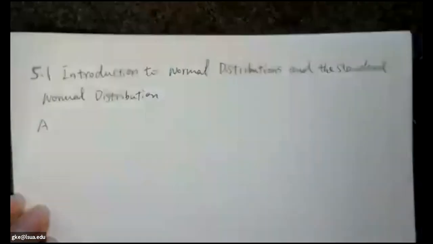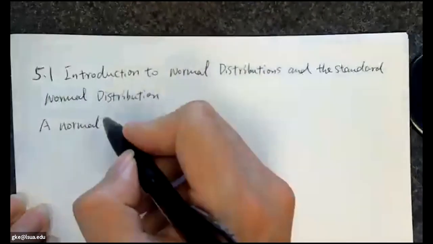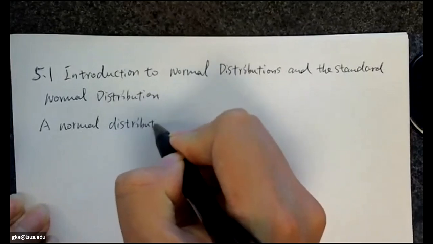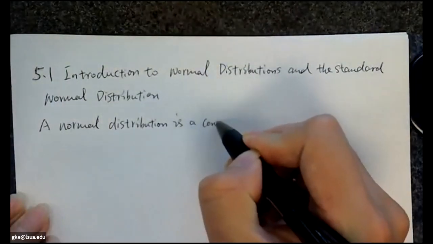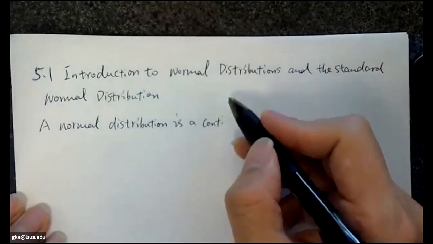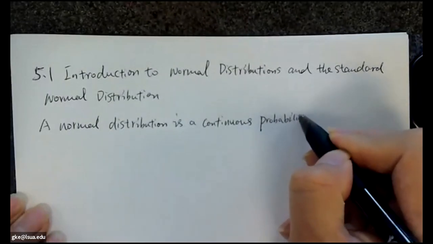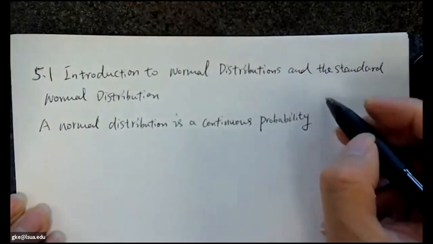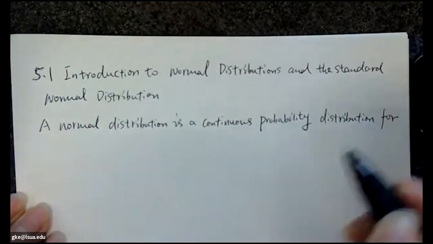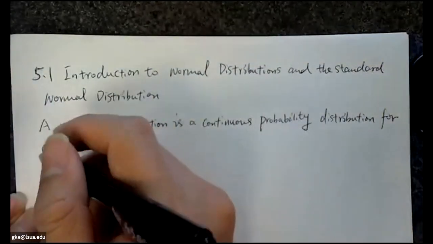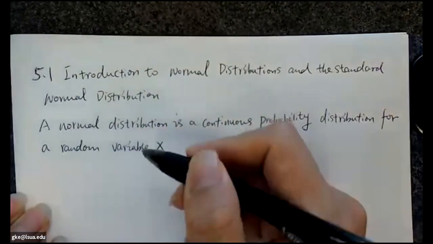Let's take a look at the definition. A normal distribution is a continuous probability distribution for a random variable x.